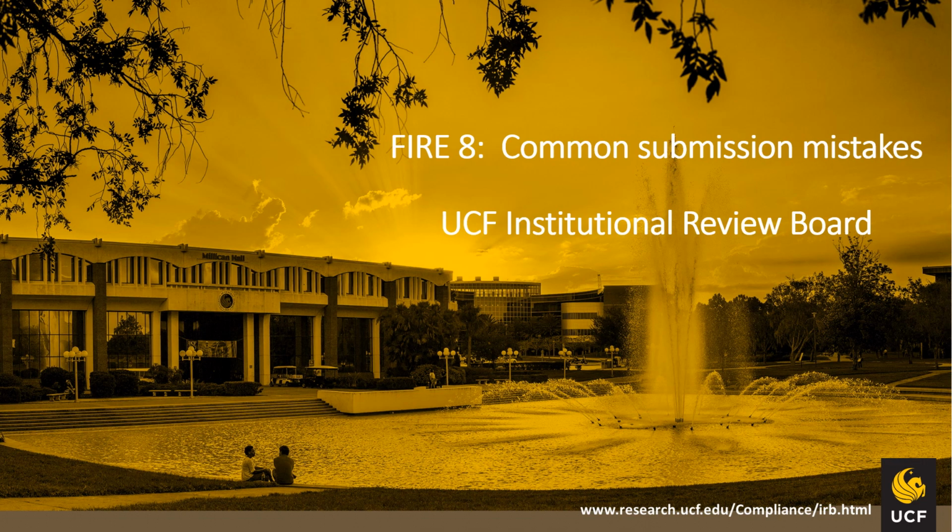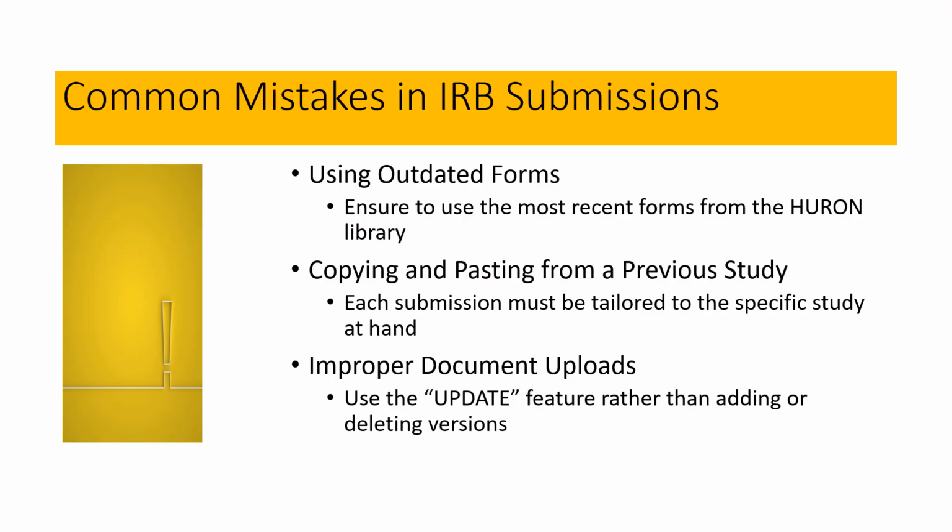This module covers common mistakes made in IRB submissions and how to avoid making them. For the next few slides, we will discuss some common mistakes researchers make in their IRB submissions and how to prevent them. The most common mistakes include using outdated forms, copying and pasting from a previous study, and improper document uploads.